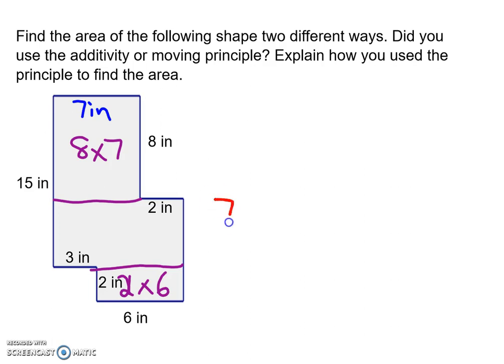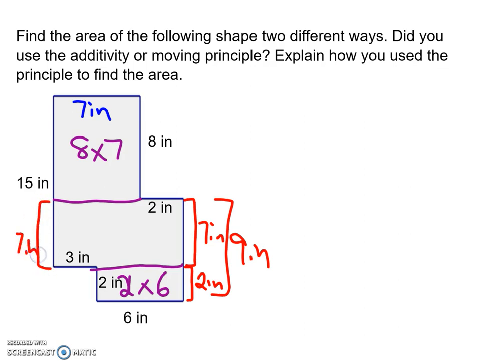So I know this entire piece is 9 inches, but this is 2 inches, which means that this piece would have to be 7 inches. And why does that matter? Well, this rectangle, here's 7 inches, is a 7 inch by, well, then I've got this entire length right here, which we said was 9 inches. So it's a little bit different way of trying to put that middle one together.